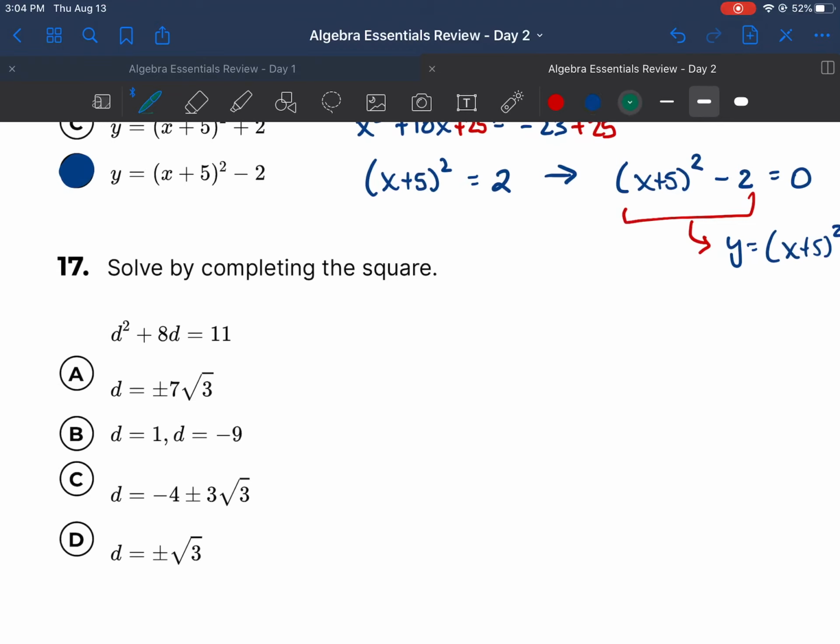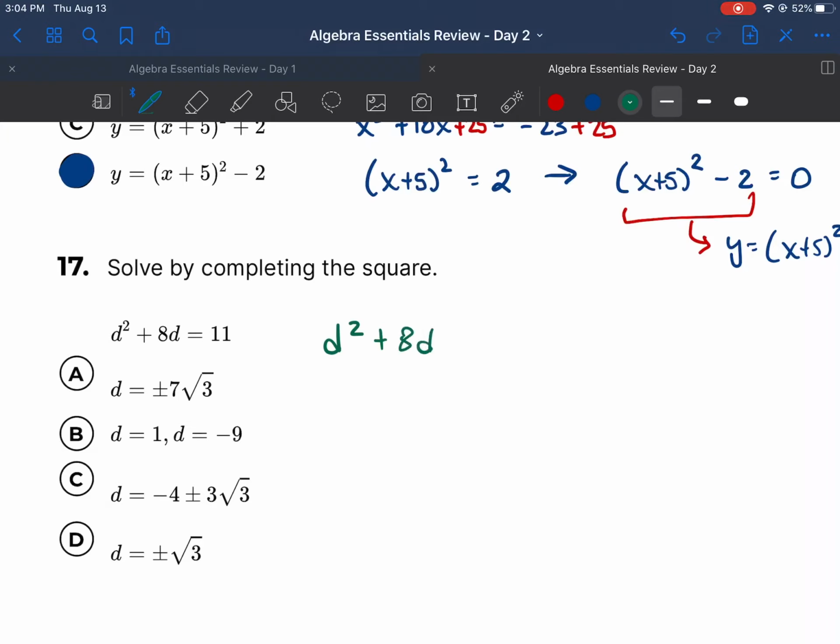All right, our last problem on this algebra review has us solving by completing the square. So we will follow the same exact steps and the same process, but we will use those steps to then solve the quadratic equation. So we already have the constant on the other side. Notice that the 11 is already separated from d squared plus 8d, so some of the work has been done for us.